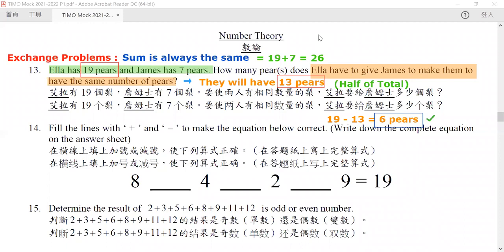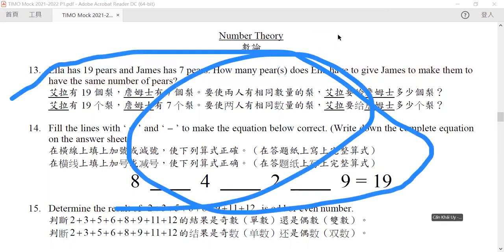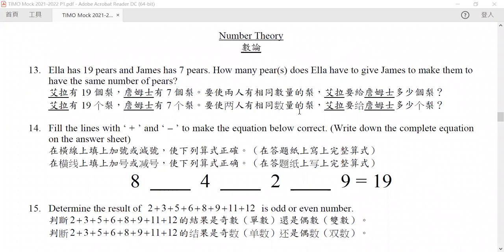Question number 14. For our question number 14, fill the lines with plus and minus to make the equation below correct. So we know that 8, 4, 2, and 9, we need to combine them to equal 19.